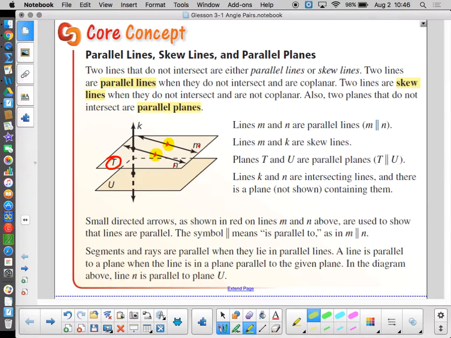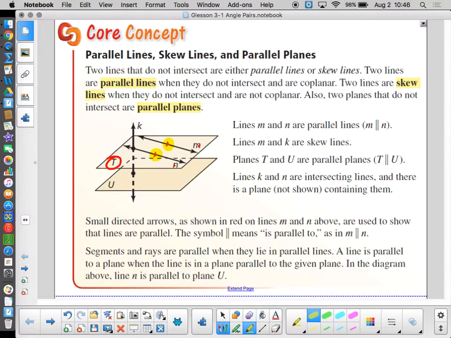Those are not the same as the tick marks that we use to indicate congruence, because to start with, lines can't be congruent because lines are infinite, but lines can be parallel. And so those little triangles are what we use to indicate parallel lines in a diagram. Two lines that lie in the same plane and do not intersect are parallel.